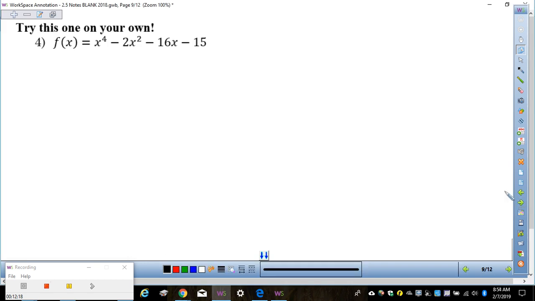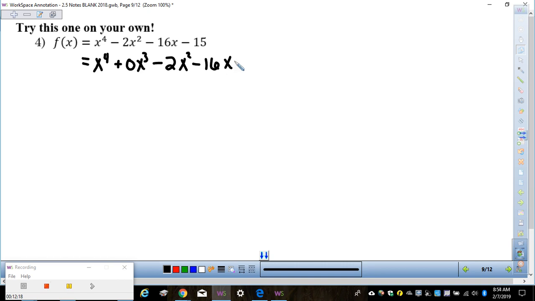I'm going to save this last one for you to try on your own. One thing to pay attention to is that we are missing the x cubed term. So we want to think about filling in a 0 in its place when you get to the point of doing your synthetic division. This isn't one that can be factored, so again, we're just going to go straight to our calculator, look for an x-intercept, and go from there.